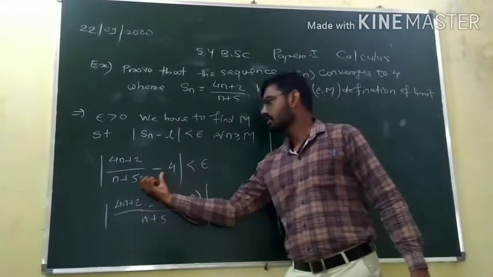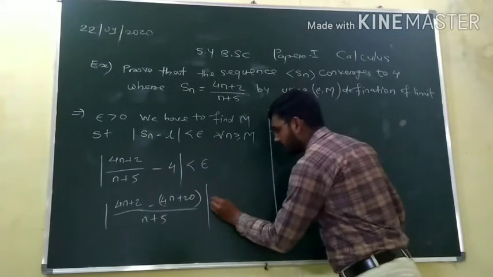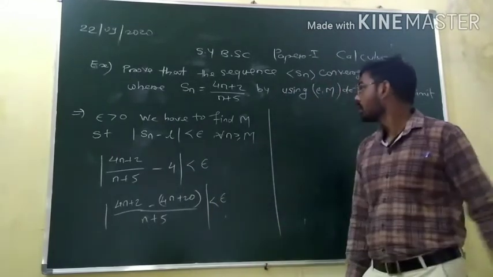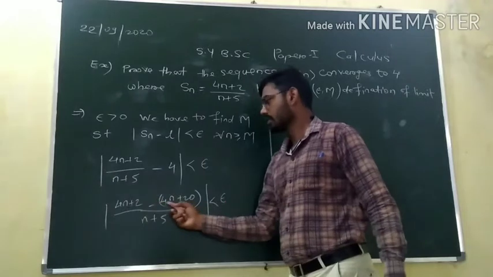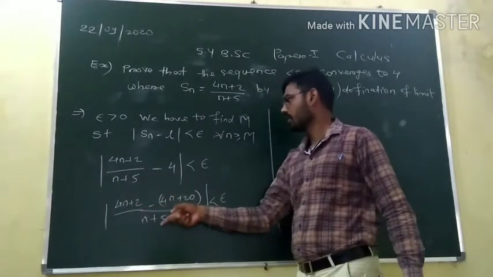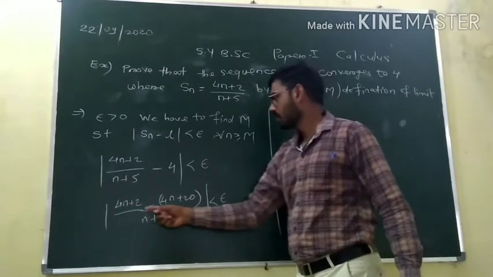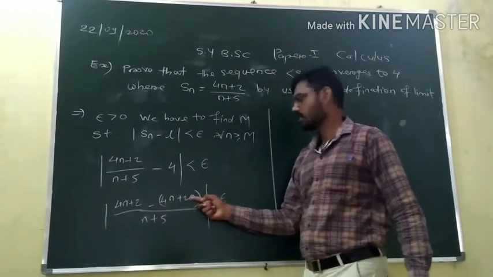Just take this subtraction, and this must be less than epsilon. Now 4n + 2 minus 4n: 4n minus 4n gets cancelled, so here we have 2 minus 20.